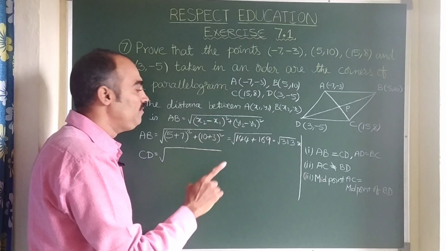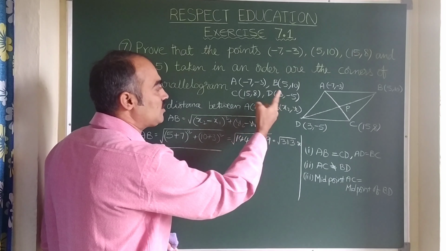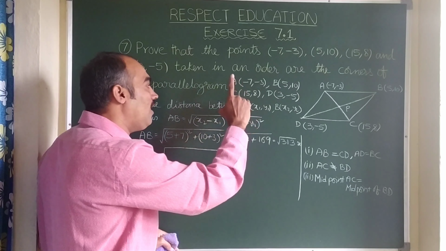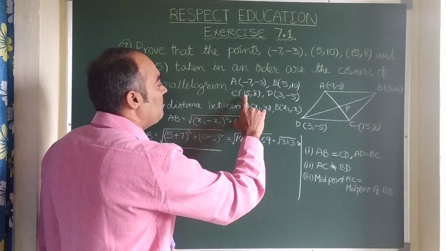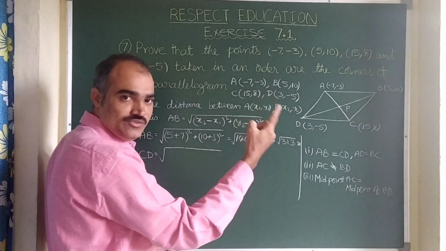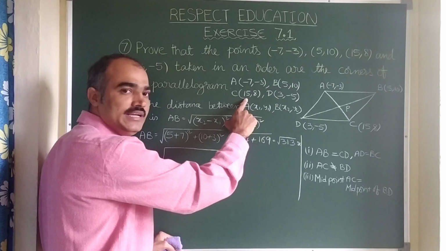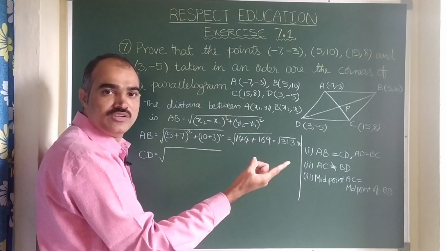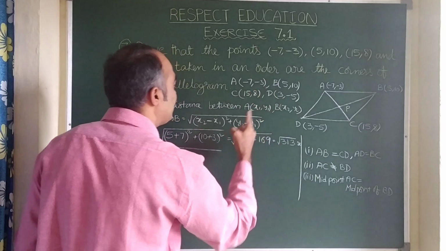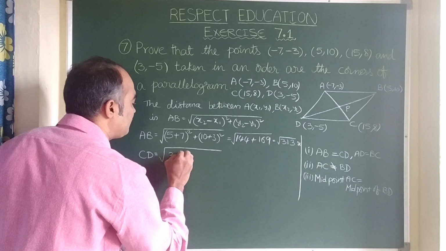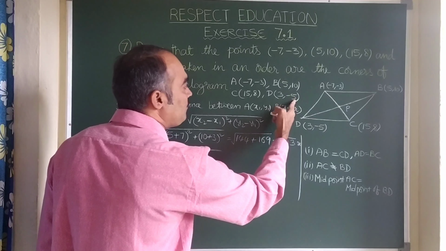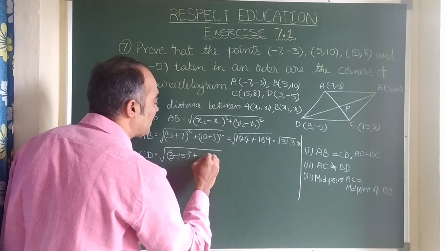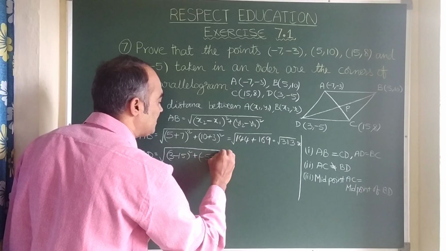Whether x2 minus x1 whole square or x1 minus x2 whole square, both are the same. 15 minus 3 is plus 12 square, 3 minus 15 is minus 12 square, that is also plus 12 square. However you want, you can take it. So here, 3 minus 15 whole square plus minus 5 minus 8 whole square.